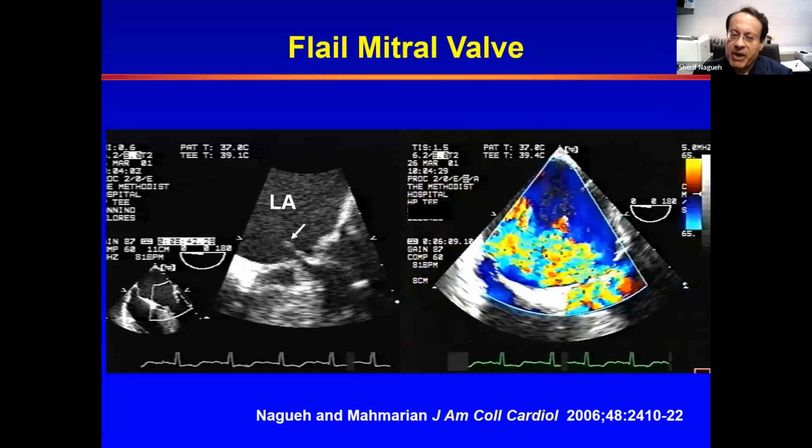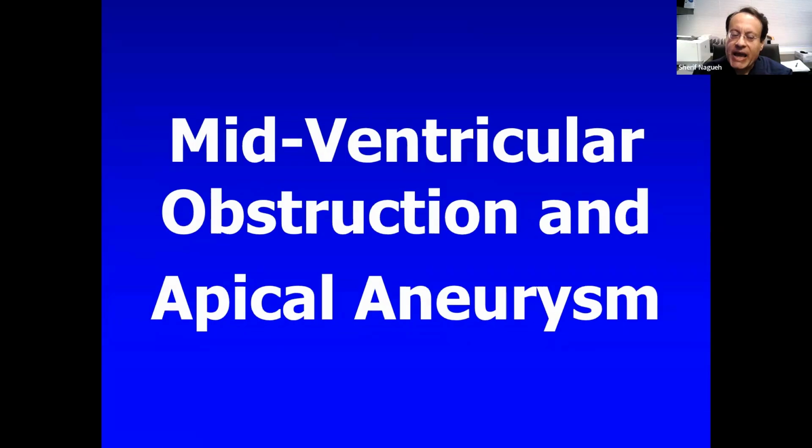That's an example from a patient who was referred with dynamic obstruction, and we noticed an anteromedial jet on transthoracic echo and a valve that was not well visualized. You see the flail segment here by TEE and a large anteromedial jet of mitral regurgitation.